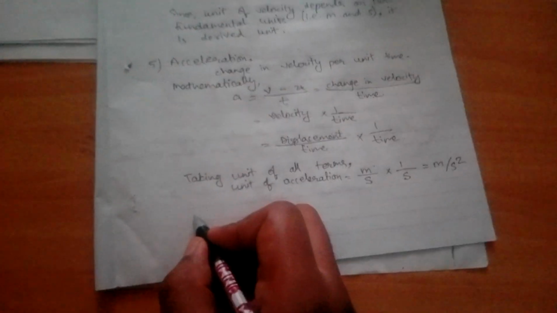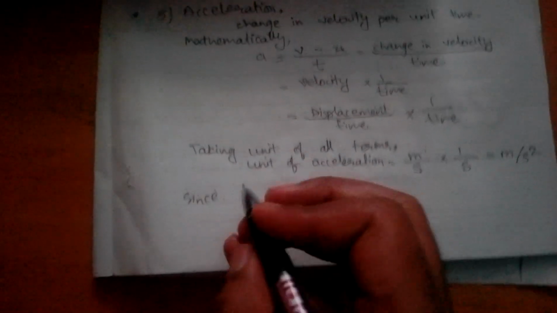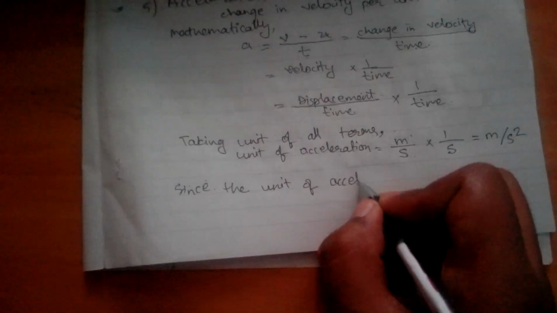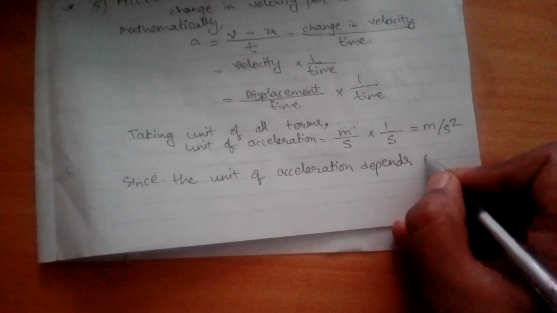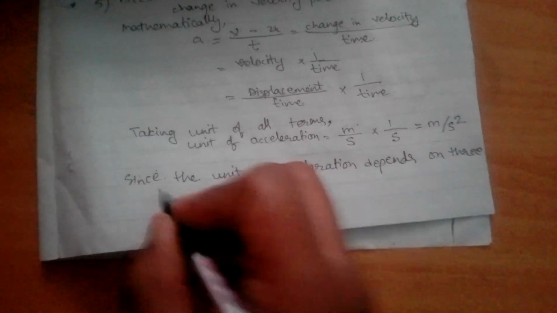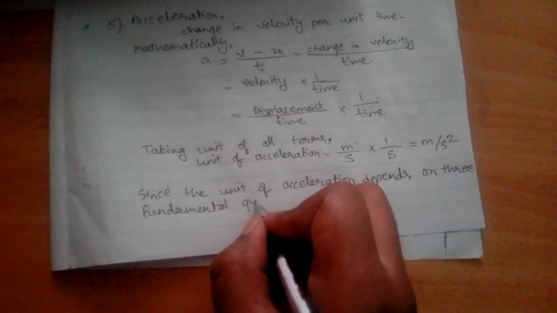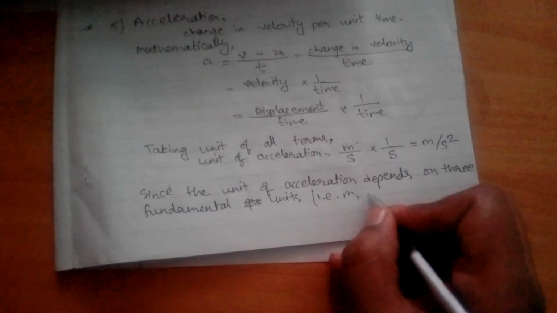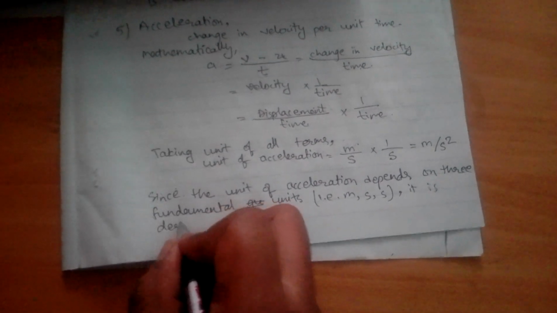So let's give the conclusion. Since the unit of acceleration depends on 3 fundamental quantities, 3 fundamental units, and they are meter, second, and second, you can say it is a derived unit.